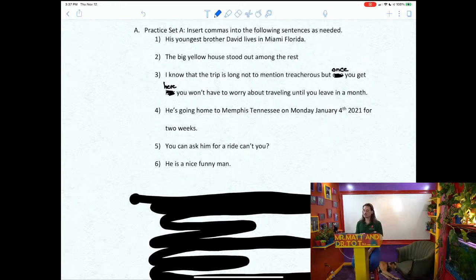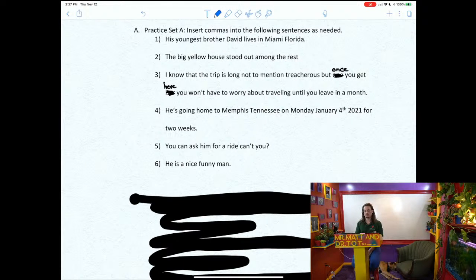Number 1, his youngest brother David lives in Miami, Florida. So this one is a little bit tricky. Notice that we have the superlative adjective youngest. Youngest is in the superlative form, meaning that there is no one younger than this person, David. So there is only one youngest brother.